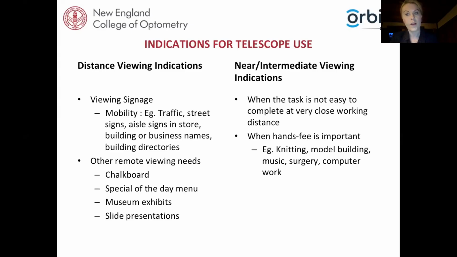For a lot of the near telescopes I prescribe, oftentimes it is for specific tasks where a greater working distance is required, like knitting, model building, even surgical loops really fit into this category of a near telescope, or the near telescopes that I prescribe for dentists. Very occasionally, my patient will use a near telescope system for reading a book, but most of the time it's for a specific task and a hobby that has to occur at some other intermediate viewing distance.